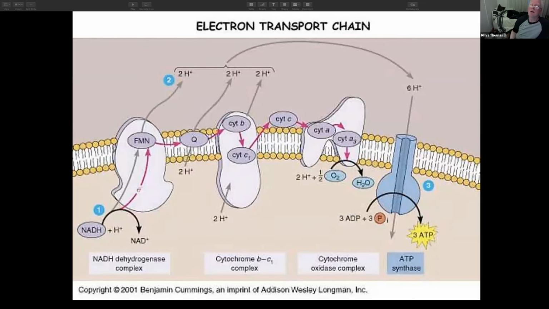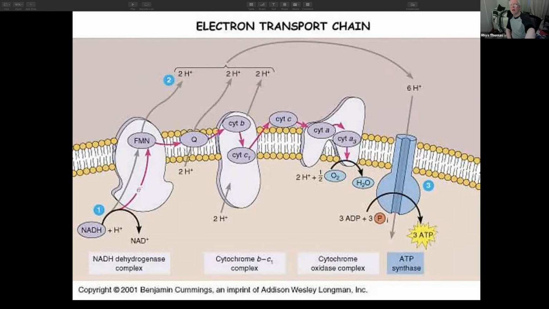So you end up with water, and then, as you mentioned, there's the ATP synthase, where the hydrogen ions move back through that fascinating mechanism to generate ATP from ADP. That whole process is called oxidative phosphorylation, because you're phosphorylating ADP into ATP, and it's oxidative because you need that oxygen to get reduced into water as a crucial part of it.